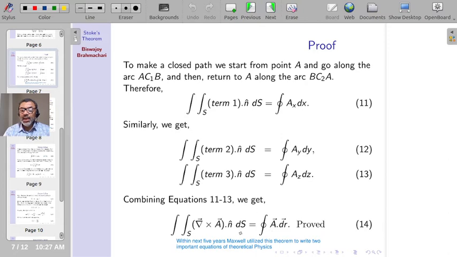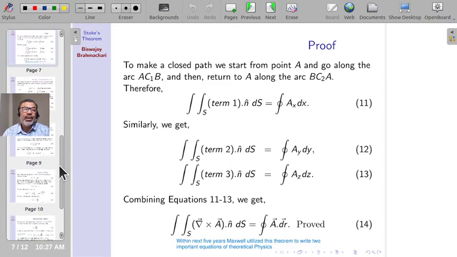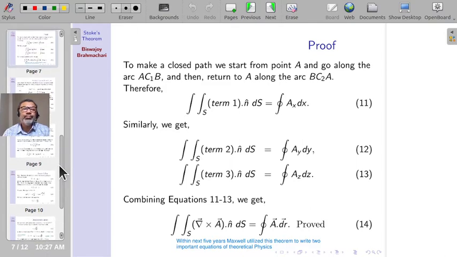This result was known by 1860, and in the next 5 years Maxwell utilized this theorem to write two of his very important equations of theoretical physics. So we will see how Maxwell used this Stokes theorem to write his important equations.